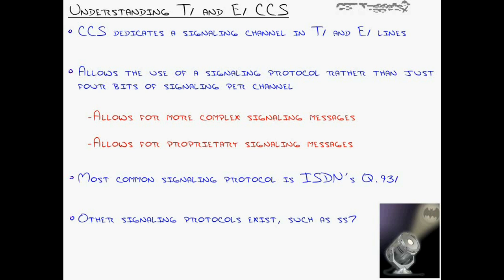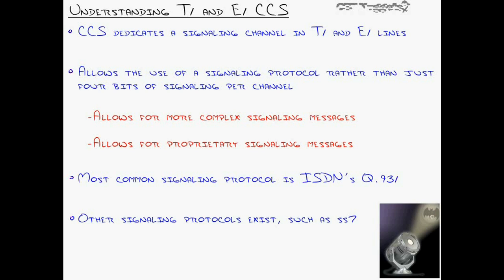Throw that all out the window because CCS dedicates a signaling channel in both E1 and T1 lines. Now in E1, that's no change, right? Because in E1 CAS, the 17th frame is always signaling. Well, in E1 CCS, guess what? The 17th frame is also signaling. It's just that it's using a signaling protocol rather than just 4 bits per channel.